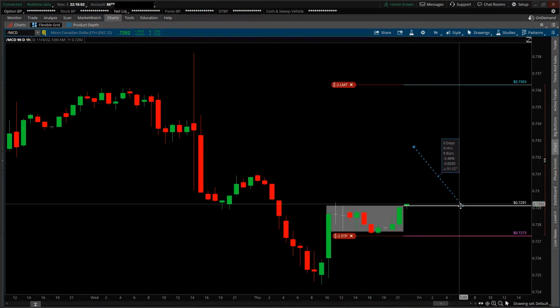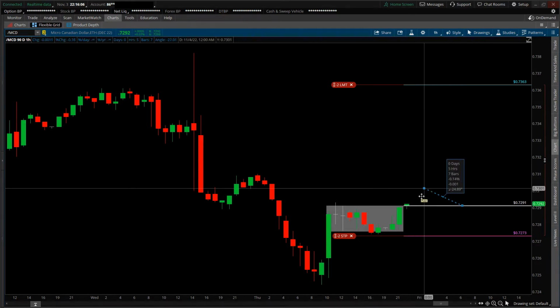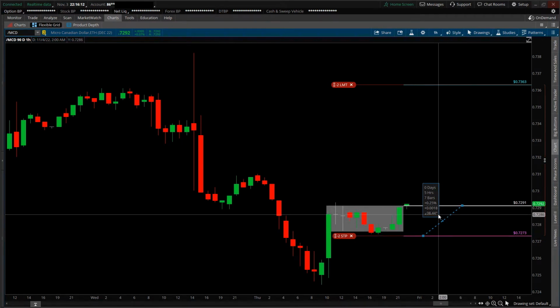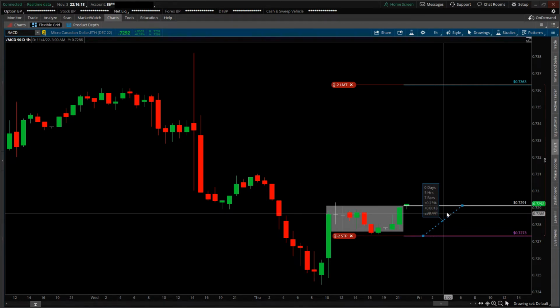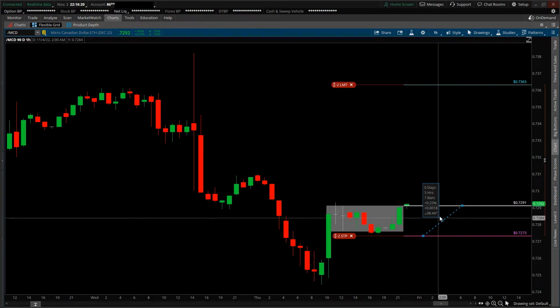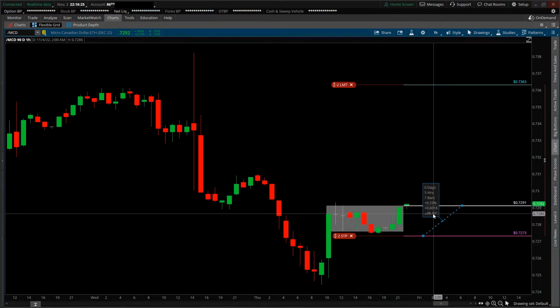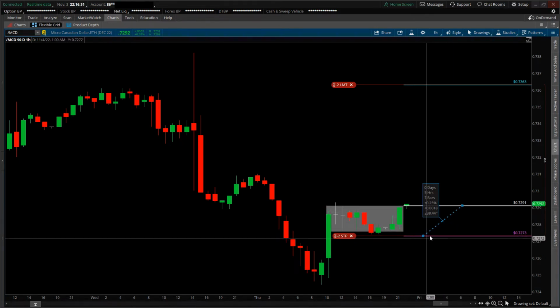This dotted line is just my measuring tool. I have one end anchored to my entry price, and the other end allows me to measure. From my stop to my entry price, it's 18 ticks, 0.0018. That's an $18 loss, but I have two contracts, so 18 times 2 is $36. The most I'm losing is $36, not including commission.